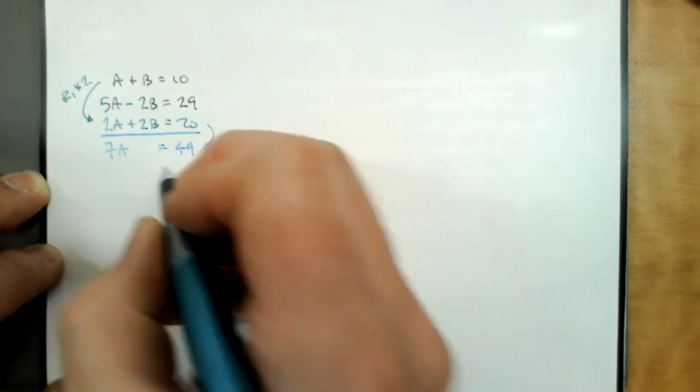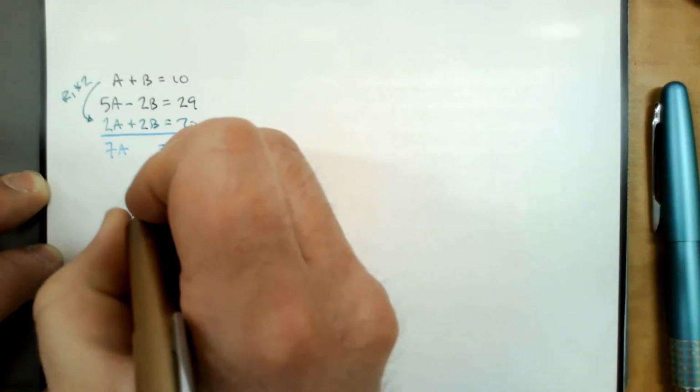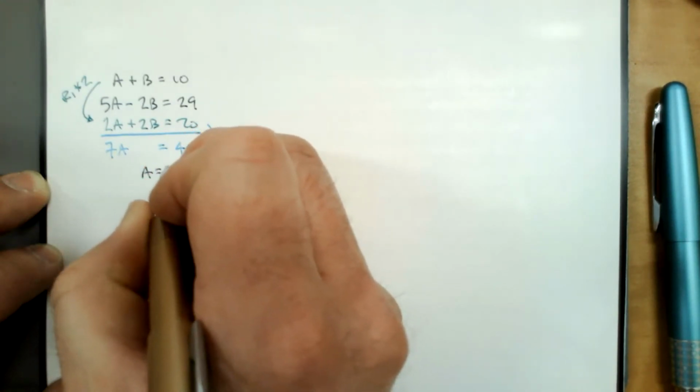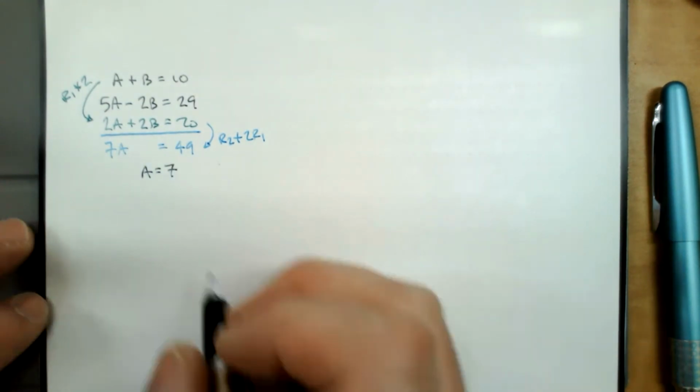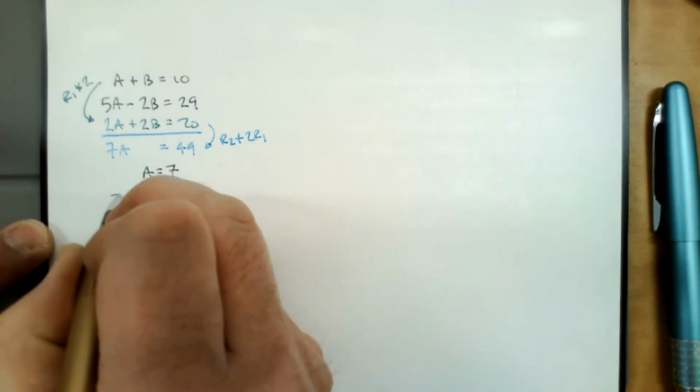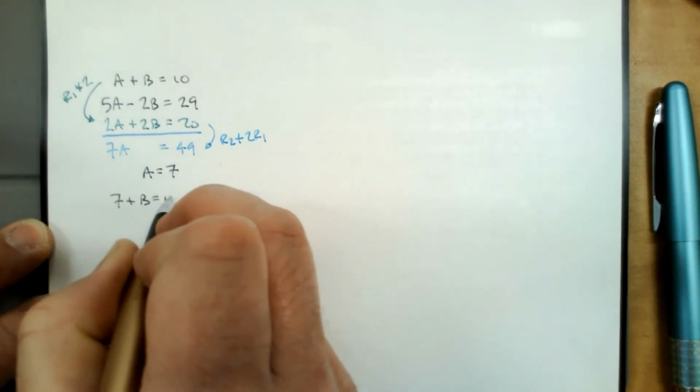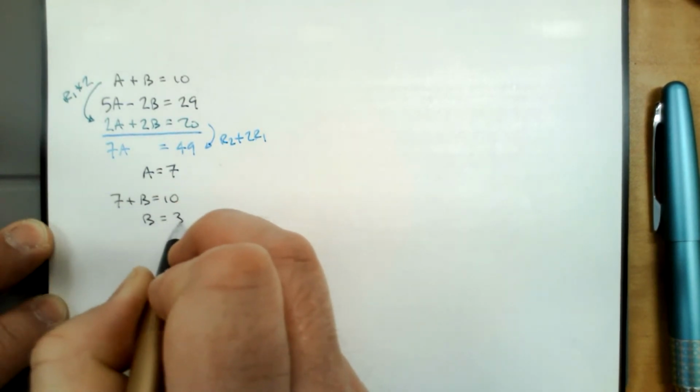And then I'll just divide by 7 and find out that A is equal to 7. If A is equal to 7, then 7 plus B is equal to 10, so B is equal to 3.